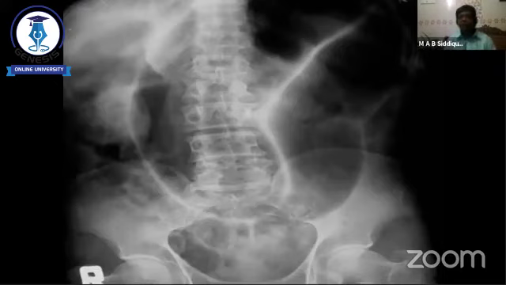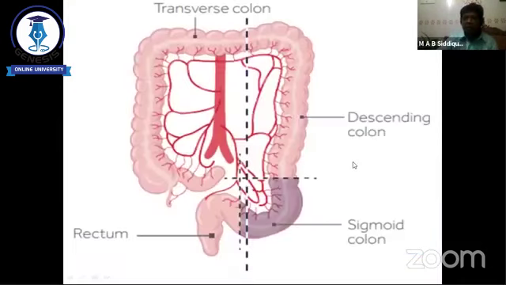Another X-ray, if you read this X-ray carefully, shows gas distended bowel loops. Before I go through this X-ray, I will show you another picture. This is the picture of the large intestine.